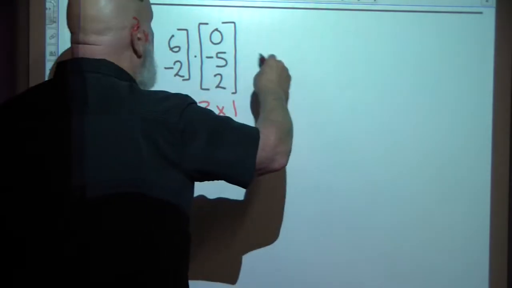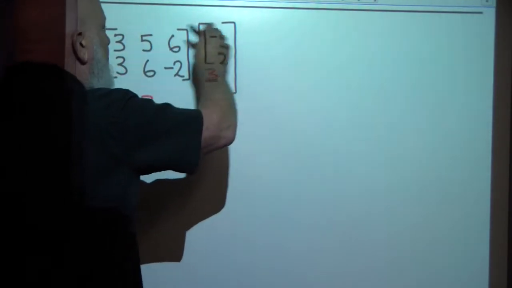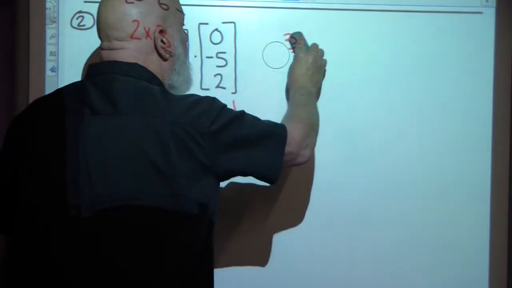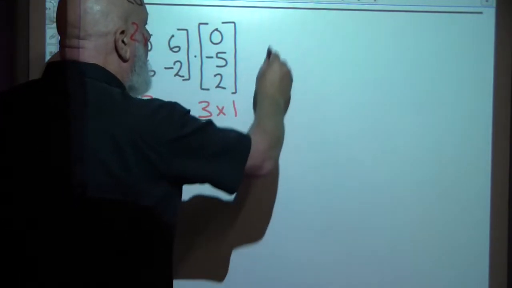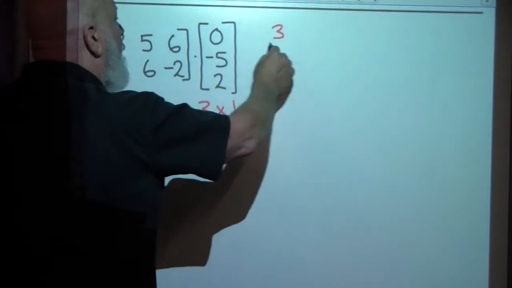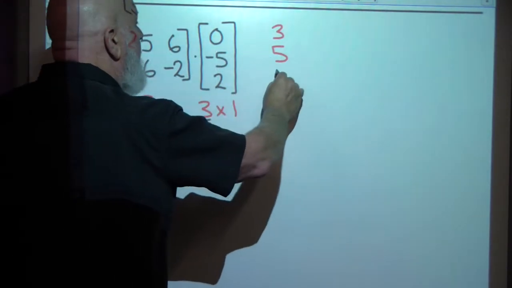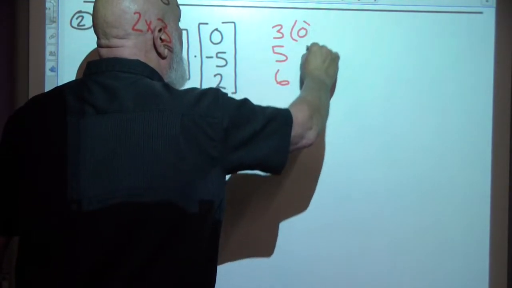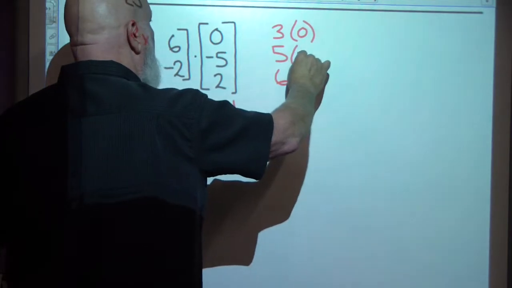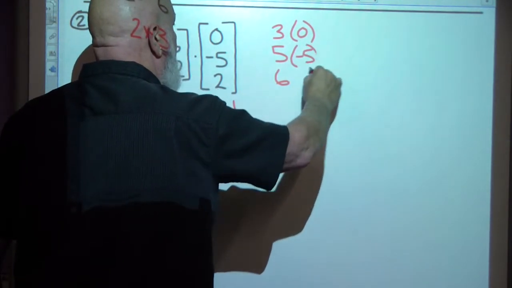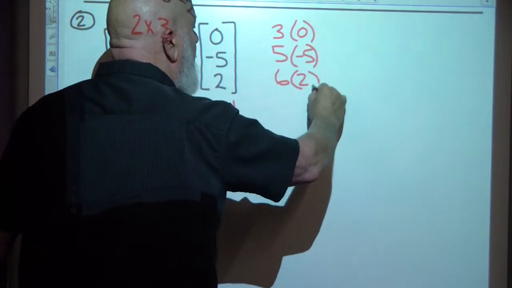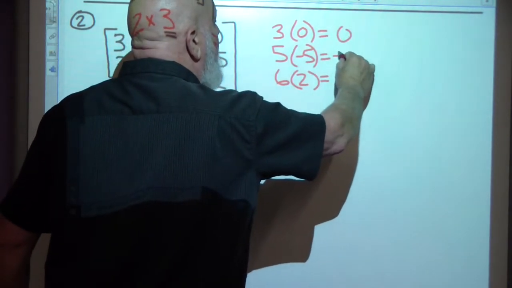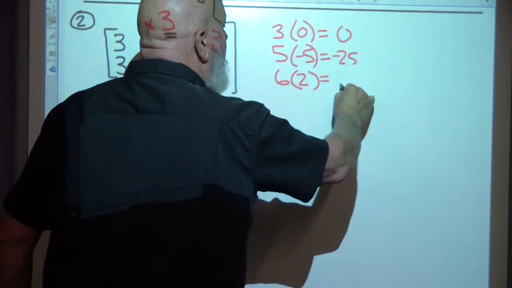I'm going to take this top row and stand it up. Whoops, sorry about that. And multiply it by this column. That will give me 0, negative 25, and 12.